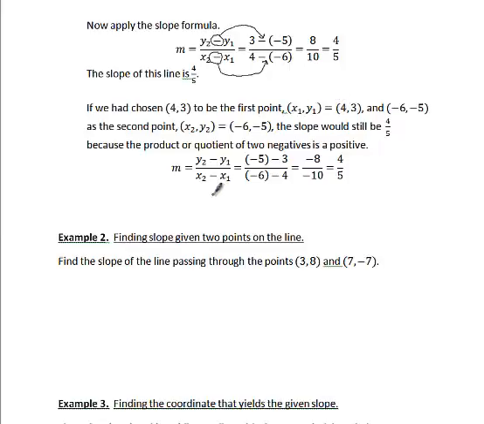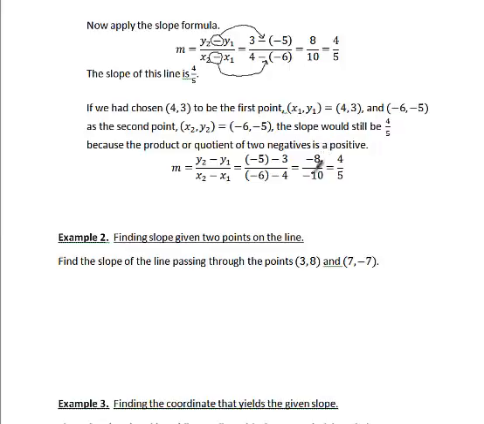Alright, and then you see here, what if we would have swapped our points? What if we would have called 4, 3 the first point? Well, you just switch the numbers on the top, and so the -5 would come first, and then we'd subtract the 3 from the 4, 3 coordinates. And so these numbers would just switch positions. We'd still have a minus in between.